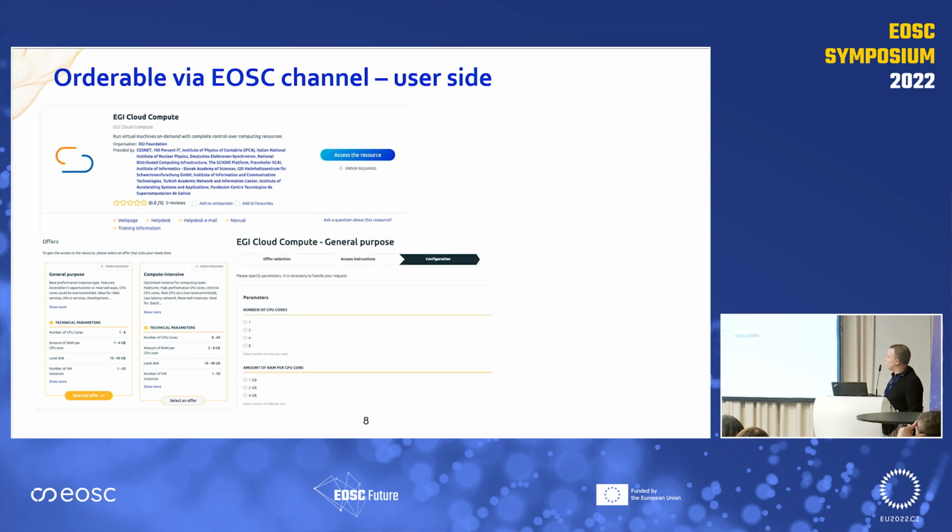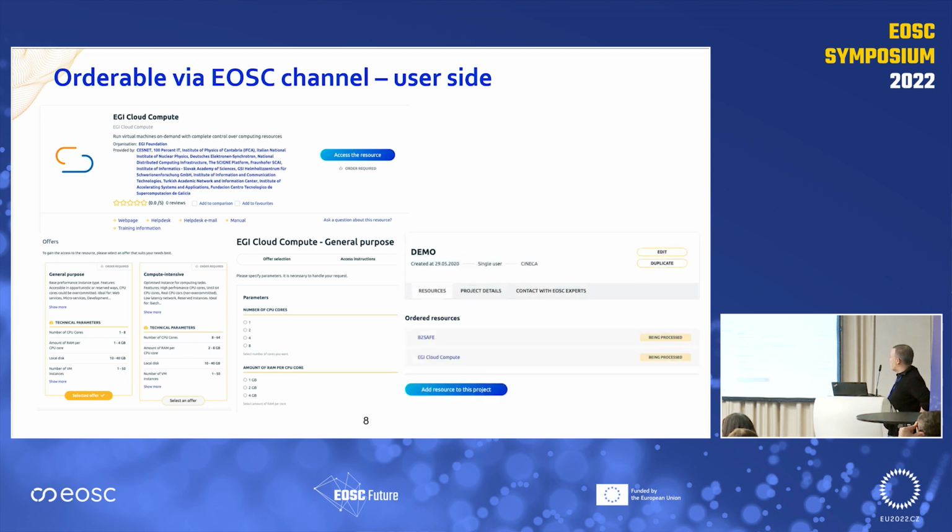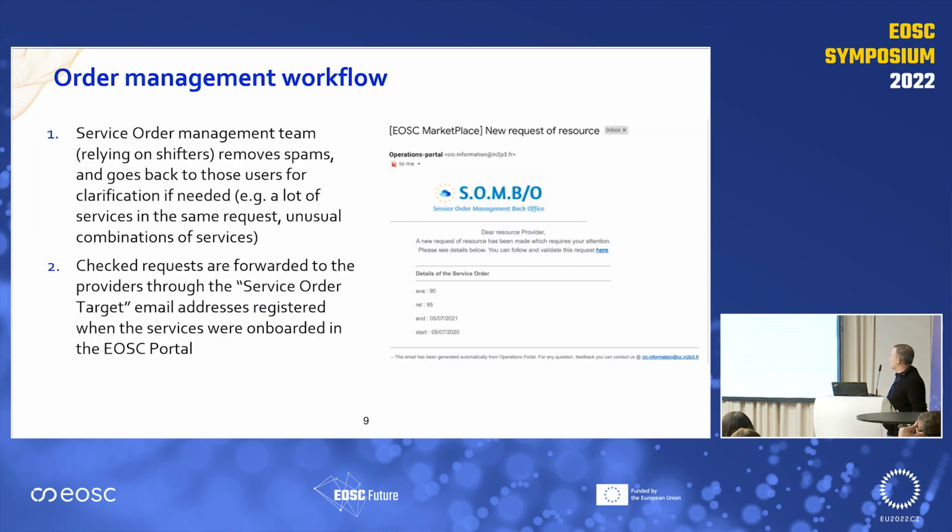The user defines the parameters of the offer, for example how many CPUs he or she would like to get in this order. Then the order is combined in the project and sent to the order management, and at that stage the order management team starts to process the order.